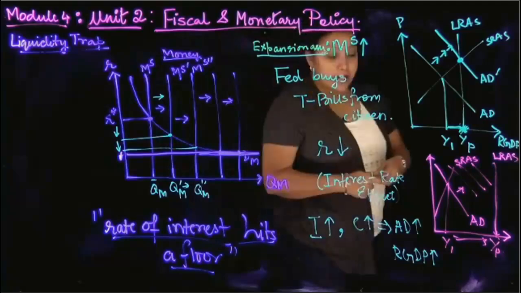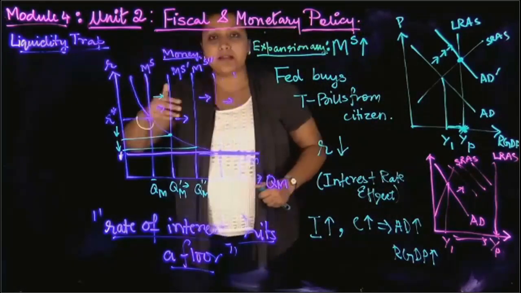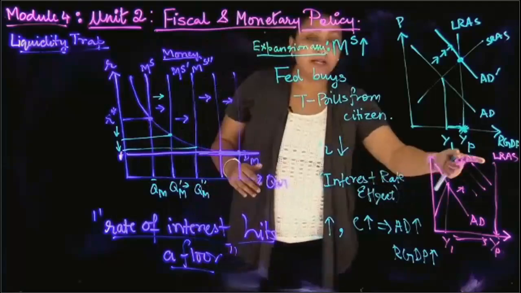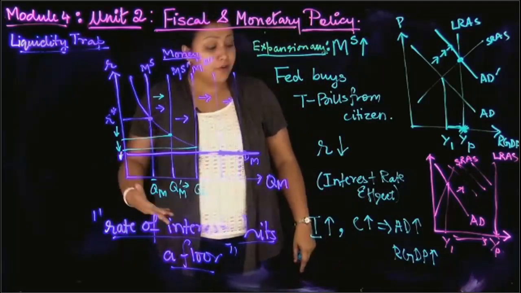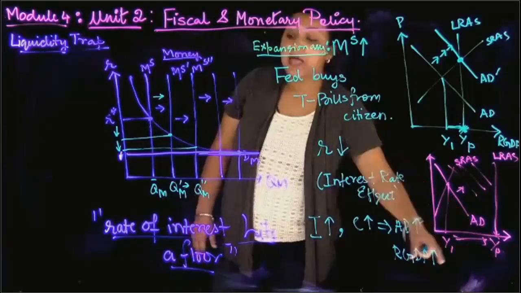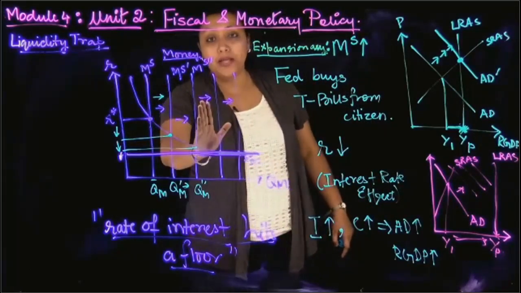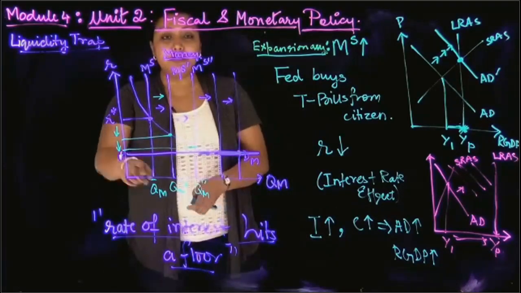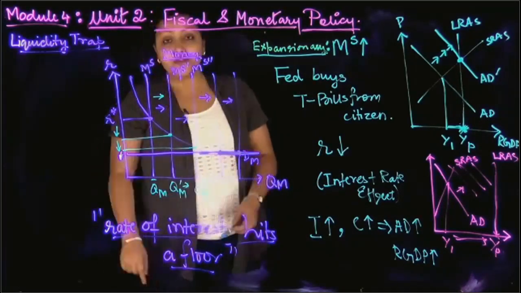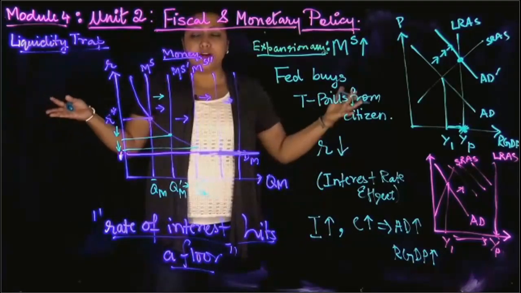When the recessionary gap is super big, every time the money supply is increasing, the aggregate demand keeps moving a little bit towards the right, but it is not enough to remove the entire gap. And in the meantime, a situation comes in the economy when, even though you are increasing the supply of money, that rate of interest is not changing. That rate of interest has become constant. It has hit a floor.